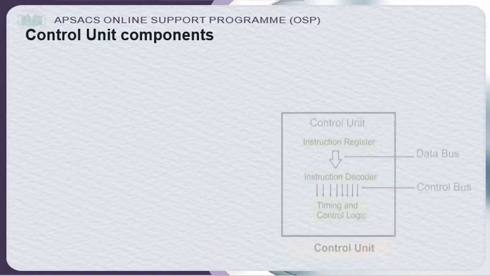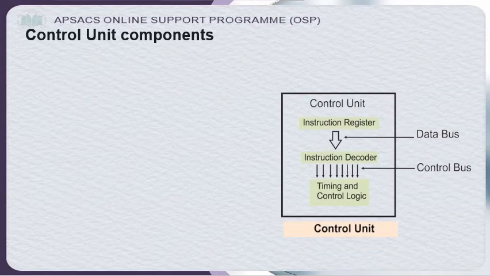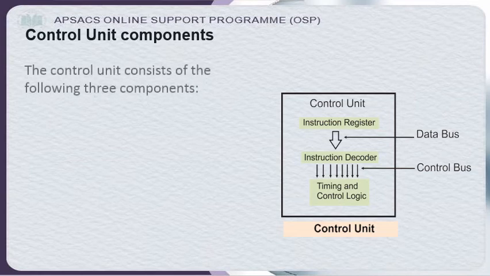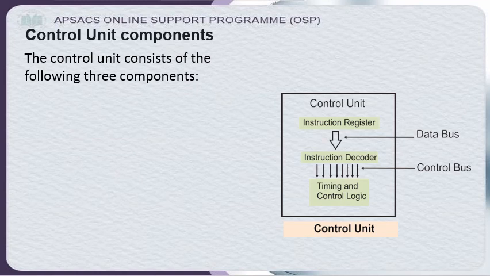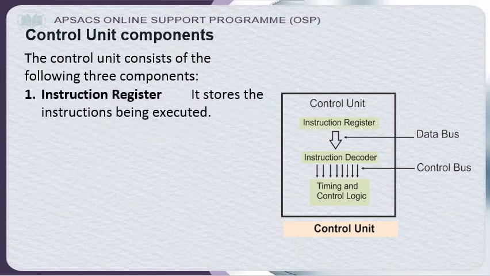Let's discuss the components of a control unit. There are basically three components inside the control unit. First one is the instruction register. It stores the instruction being executed.